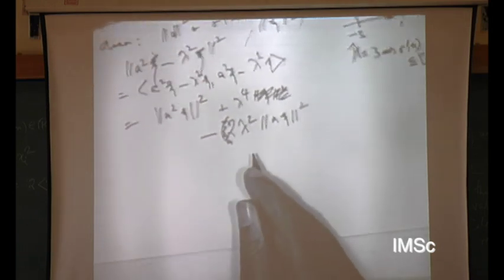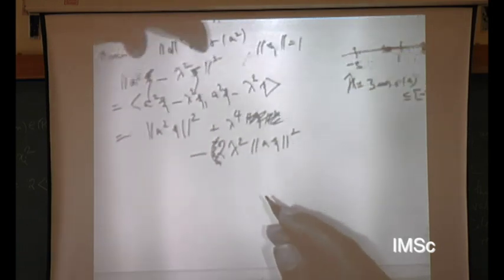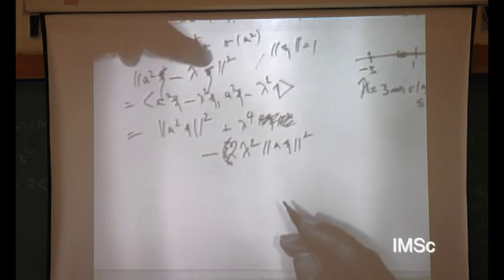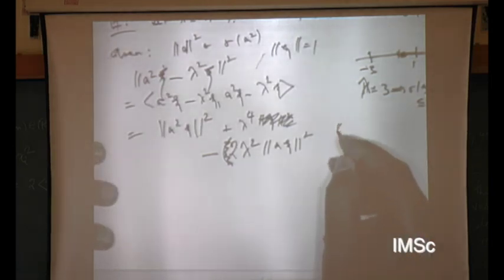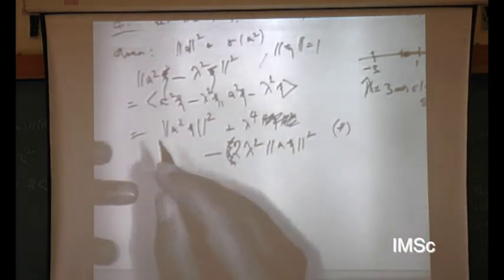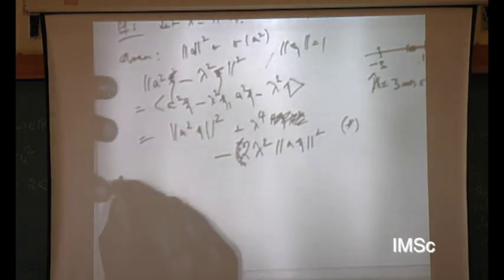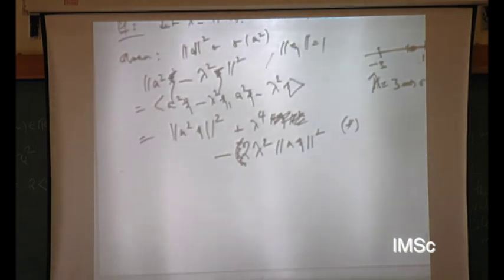Okay. So we've done this little computation which says norm of A squared J minus lambda squared J, the whole squared, is this quantity. Okay. Now he says by definition of norm it is the sup of unit vectors.